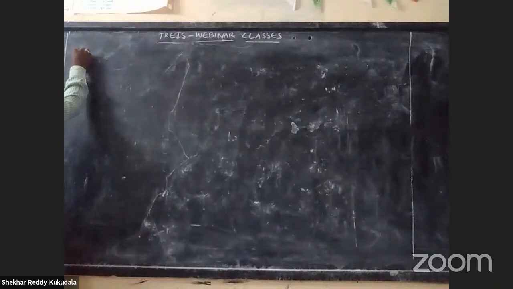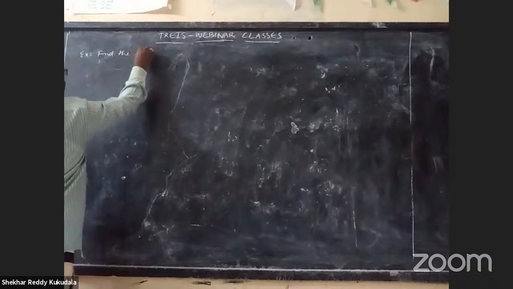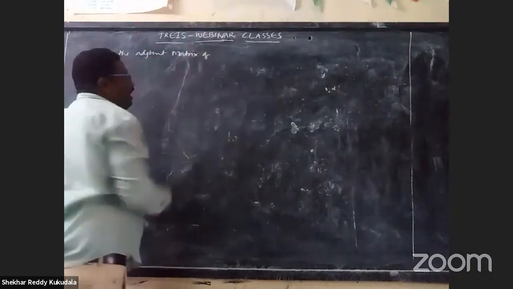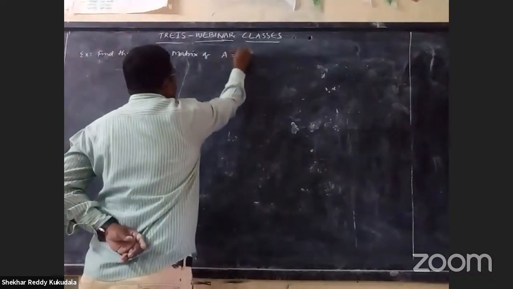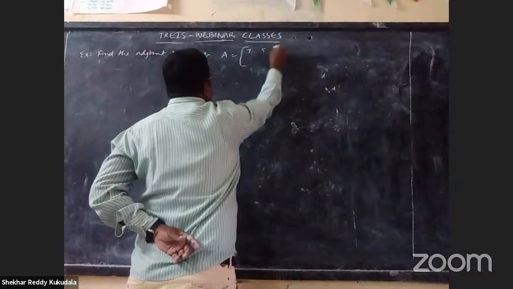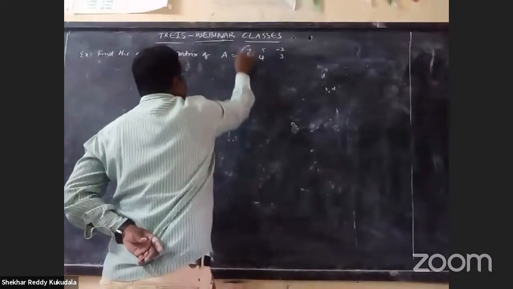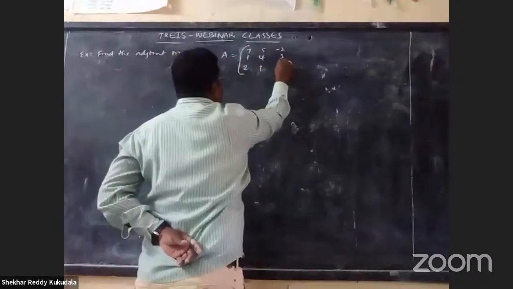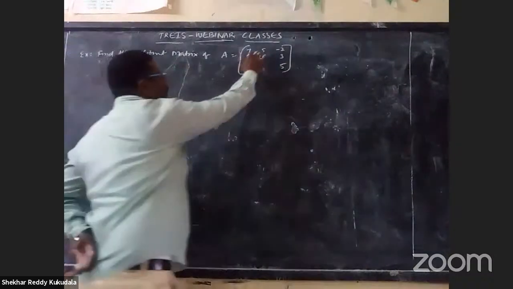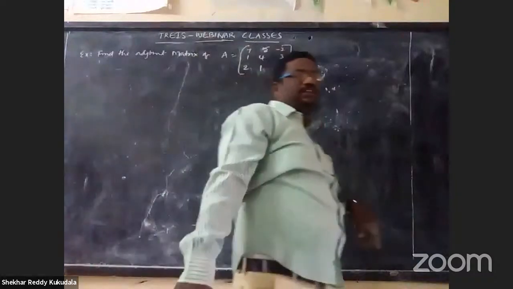Find the adjoint matrix of A is equal to 7, 5, minus 2, 1, 5, 1, 4, 3, 2, 1, 5. So here is a matrix given. We need to find out the adjoint matrix for this.